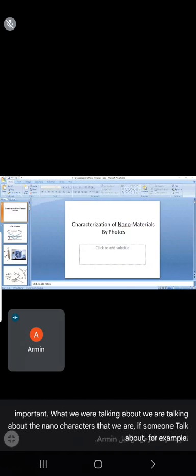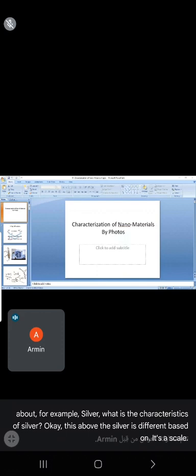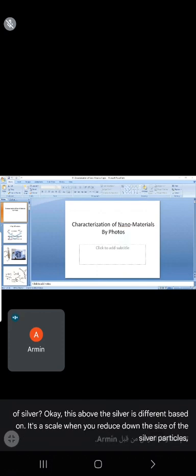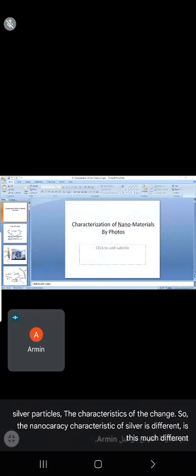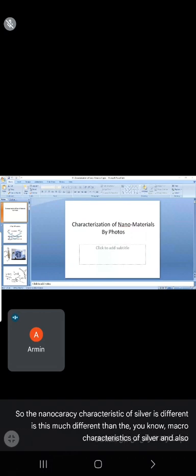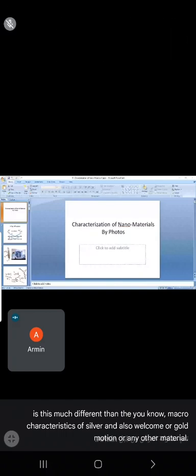For example, what is the characteristic of silver? It is different based on its scale. When you reduce the size of the silver particles, the characteristics start to change. So the nano characteristic of silver is much different than the macro characteristic, and also the bulk characteristic of silver, or gold, or any other material.